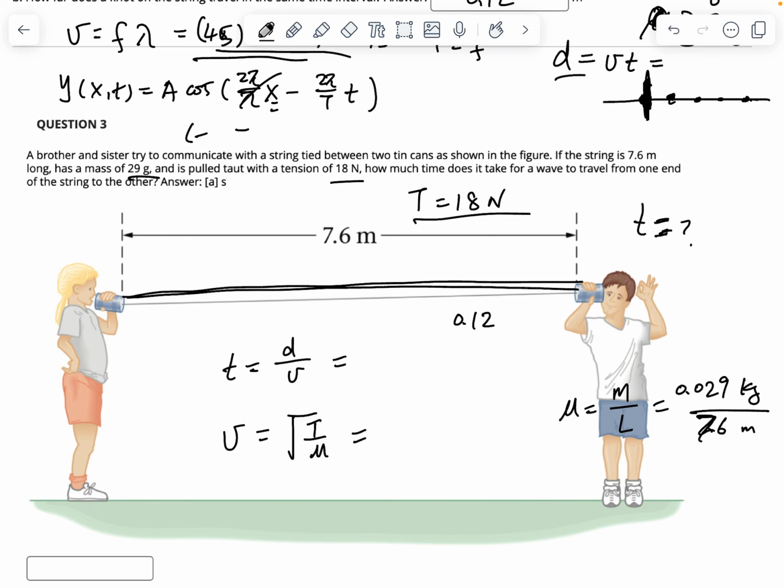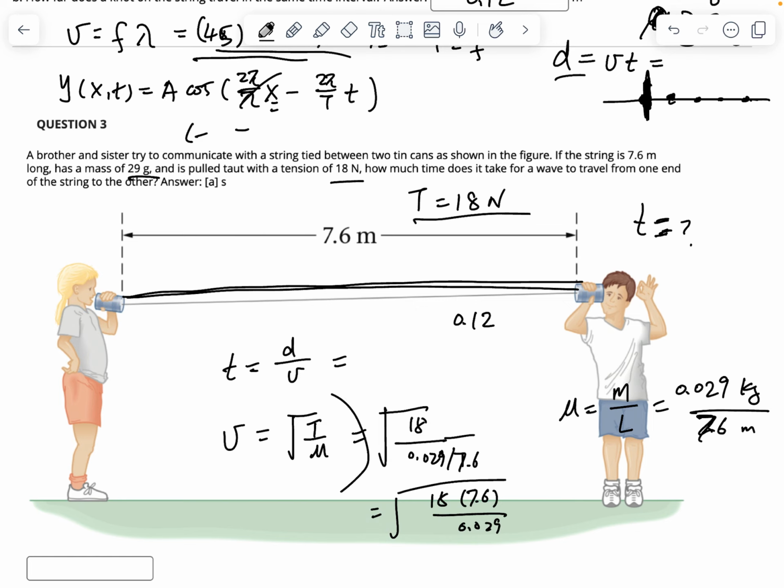So what's linear mass, right? So you plug into this equation, right? So this equal to 18 over 0.029 over 7.6. All right, so this equals square root of 18 times 7.6 divided by 0.029. All right, so that's the speed.